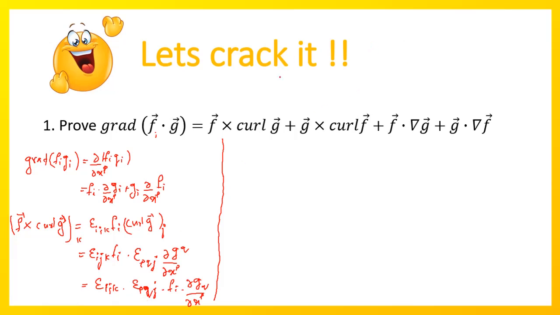In the case of the Levi-Civita symbol, we have an identity such that epsilon ijk with PQR can be written as delta IP into delta JQ minus delta IQ into delta JP.